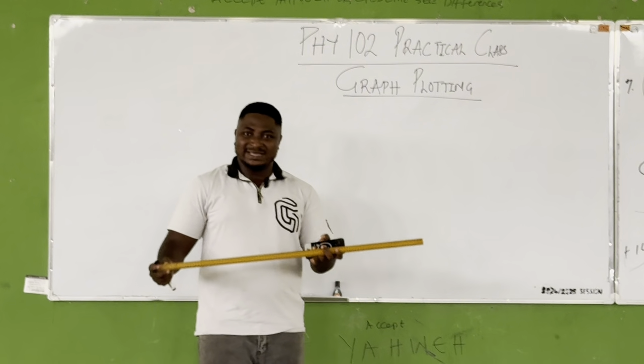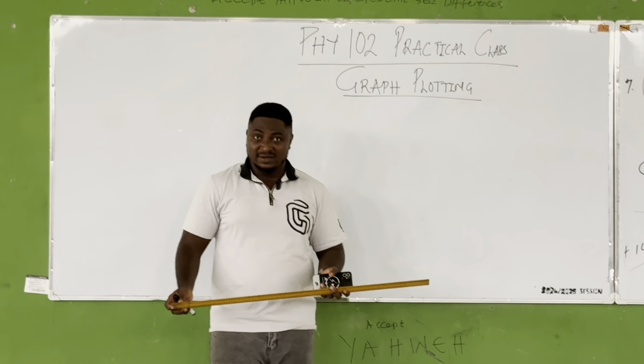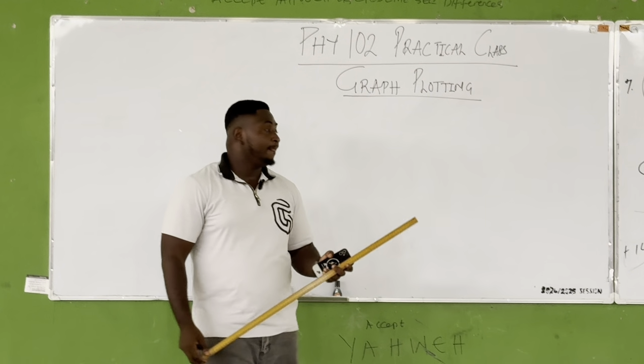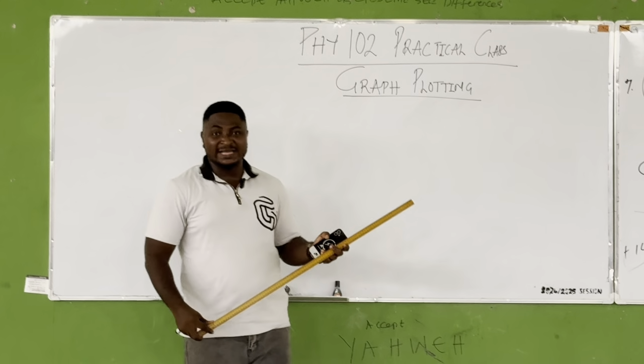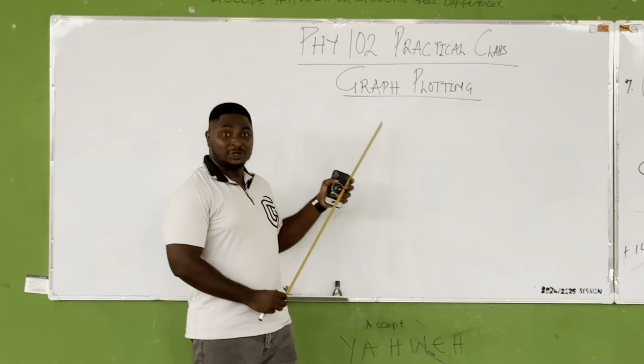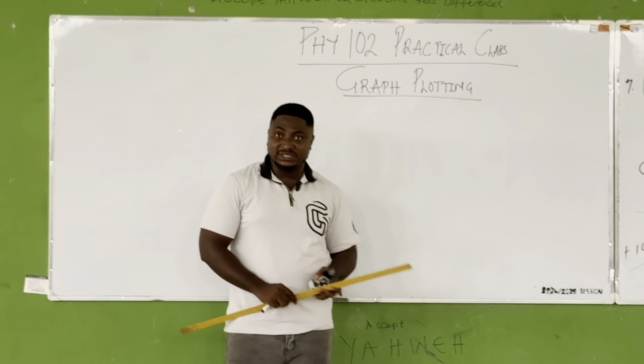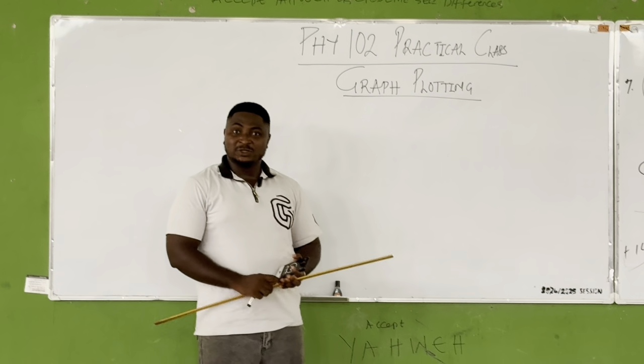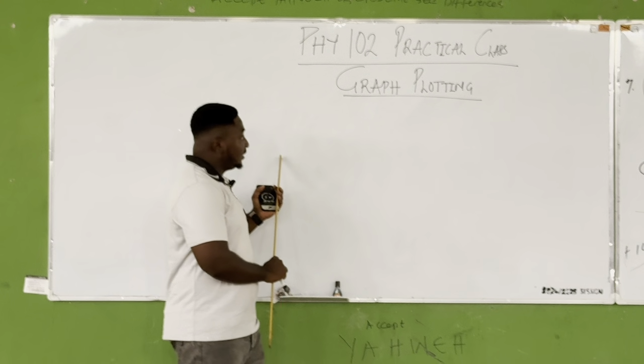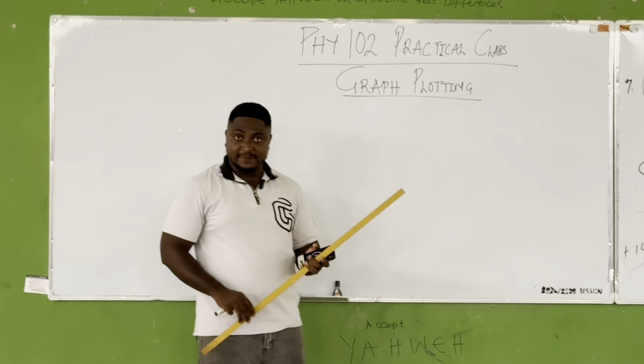You're going to calculate. There are some calculation questions after each experiment. And after the calculation, the last part is you'll be asked to plot a graph of one quantity against the other quantity.